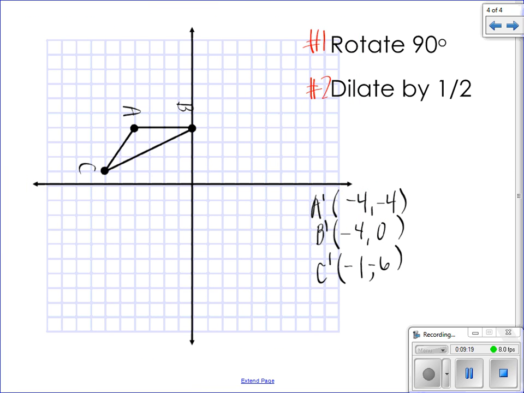So now we're going to go, here's B prime, A prime, and C prime. Okay, so we did the first transformation. Now we need to dilate this red triangle by 1/2.